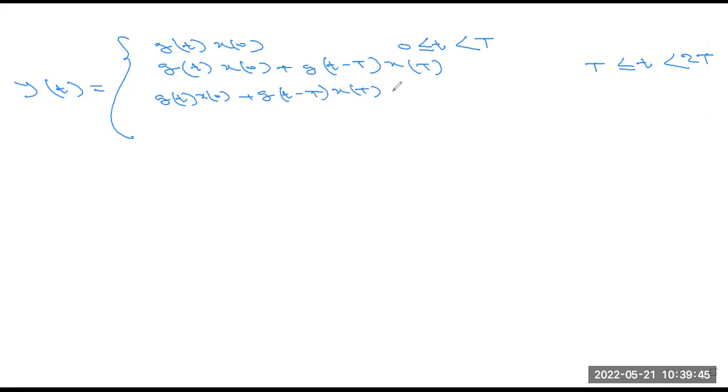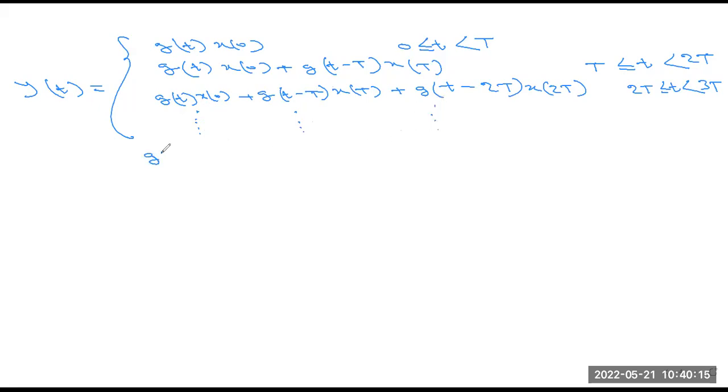The next term is also the same: g(t) x(0) plus g(t minus T) x(T), then plus g(t minus 2T) x(2T), when 2T is less than t less than 3T, and so on. This process continues up to the infinite range.